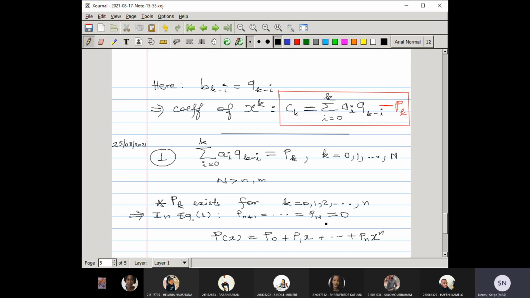So we do the same thing for Q, because Q will stop at qm. But because k takes the value up to capital N, it means that m will be exceeded.